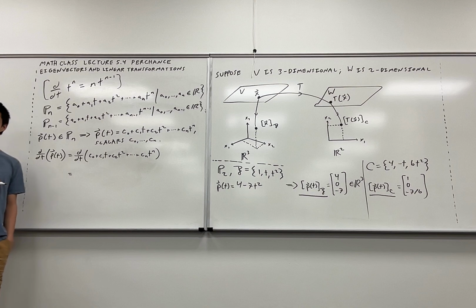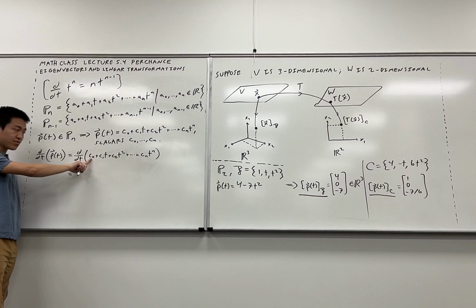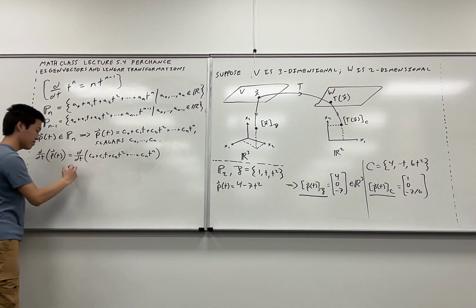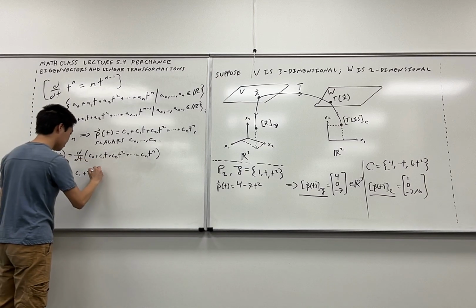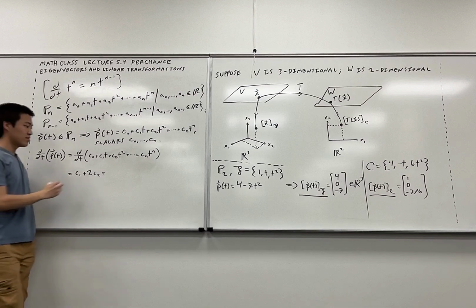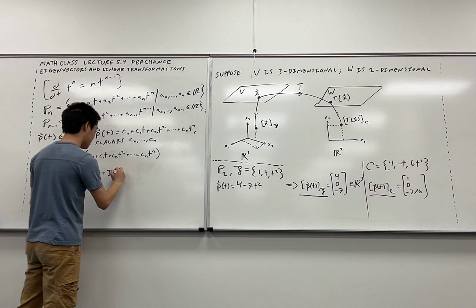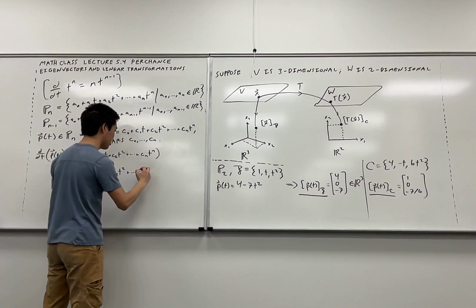d dt of c naught plus d dt of c1t, and so on. We know what these are, right? We can just do the brute force. So what's the derivative of a constant? 0. What's the derivative of that? C1. What's the derivative of this? 2C2t. What would the next one be? Dot dot dot. Like 3c3t squared, and then so on and so forth until we get to what?